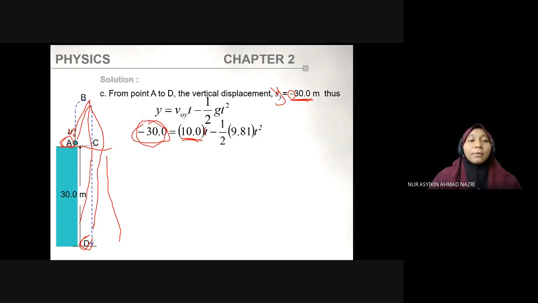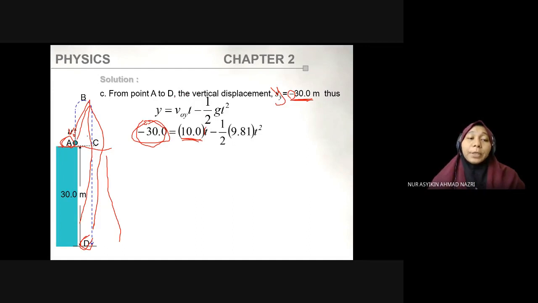Understand class? Okay, so that's the thing yang that you need to understand. Bukannya ada value sumbat masuk tapi tak tahu apa benda yang awak masukkan tu. So before that you need to choose your information that you should use for you to solve, for you to find the unknown ataupun the things yang awak nak carikan tu.